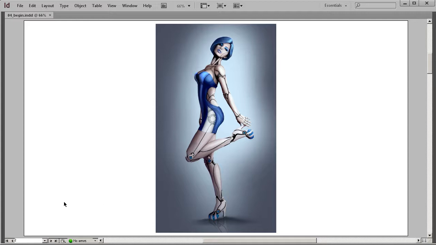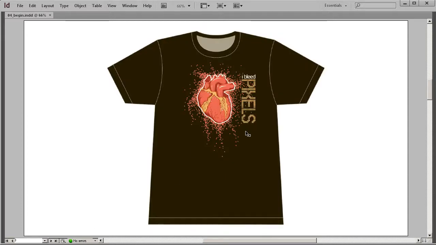So let's go ahead and move into some other designs here where maybe there is some type involved, and we're going to evaluate them based on the role of the image versus the role of the type. So we'll just move over here. This is a t-shirt design that we did here at Digital Tutors, and you can see here that really the focal point of this design is this illustration of this bleeding heart, this heart that's bleeding pixels.